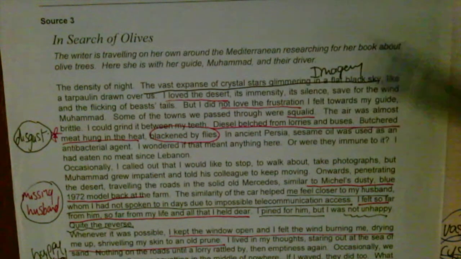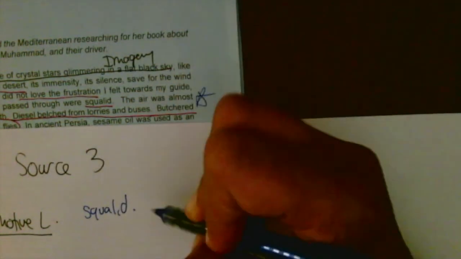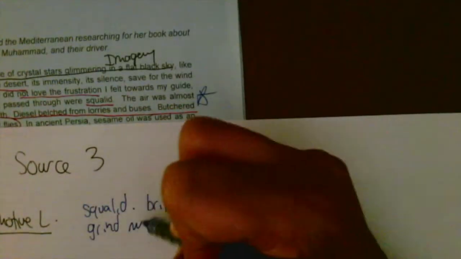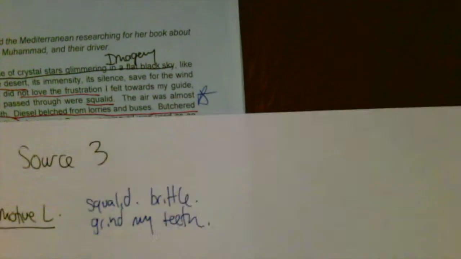I could grind it between my teeth. There's the emotive language I was looking for right away. Squalid, brittle, grind my teeth. I see my emotional language right away.